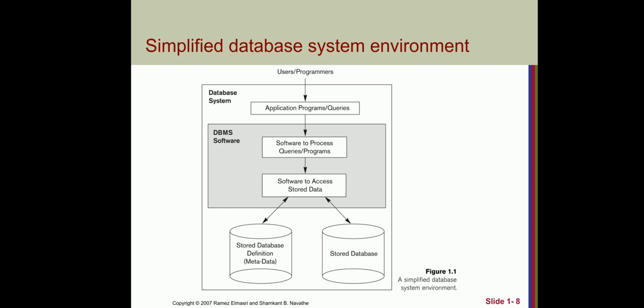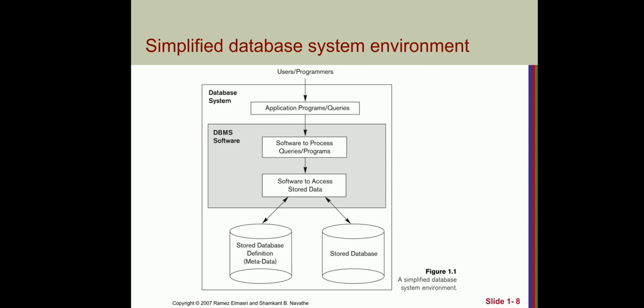Whenever some queries have to be executed, the data already stored in the database has to be fetched. It makes use of the software to access stored data, fetches whatever information is required, then processes that data and gives information to the user.